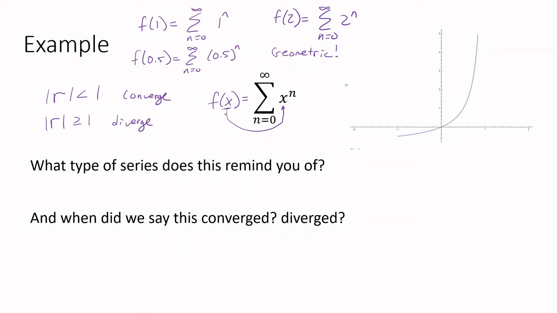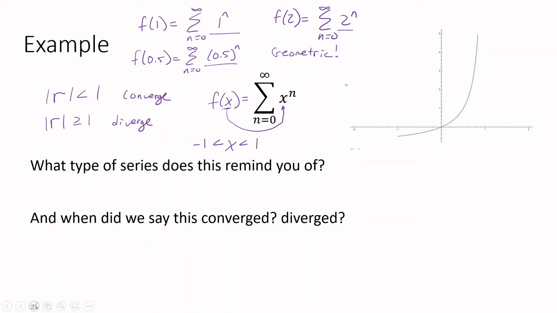So I take the x, I plug it in for this x in here, and I keep getting these geometric series. So when is this going to converge? It's going to converge when this r is less than 1 in absolute value, which means that my x has to be trapped between -1 and 1. And what we did here in this little picture is graph this function.